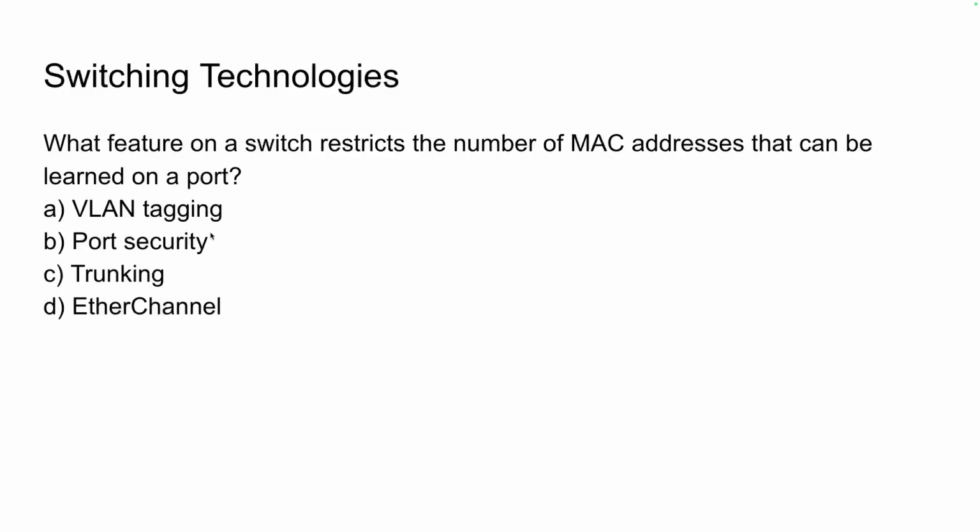VLAN tagging is tagging which VLAN belongs to what department, basically. And trunking is combining the various VLANs. And EtherChannel is for link aggregation. So it would be port security. That would be my guess.